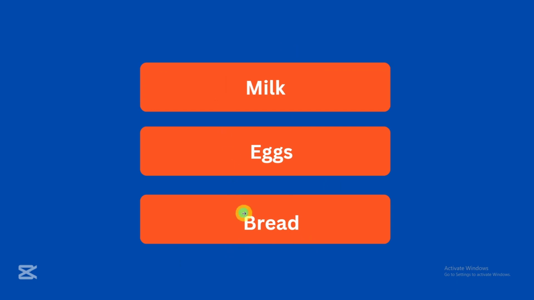We can change this order. Eggs can come first, followed by milk and then bread, or bread can be the first one, milk and then eggs. The order in which this list is displayed is not important to us, and so we will call it an unordered list.